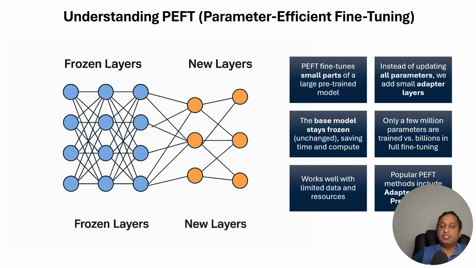You still get great performance, sometimes nearly as good as full fine-tuning, especially when working with domain-specific data. There are different PEFT techniques like adapters, LoRA, or prefix tuning. We are going to talk about a technique called LoRA, and that is what the final demo is also going to be, where I'm going to walk you through how to take an existing LLM and fine-tune it on specific financial domain data.